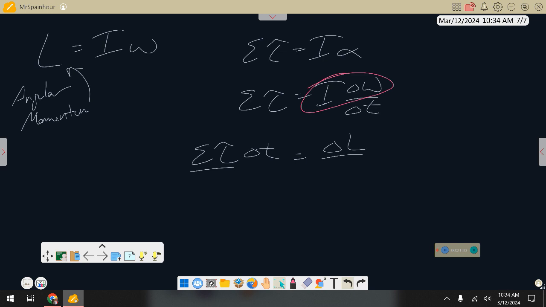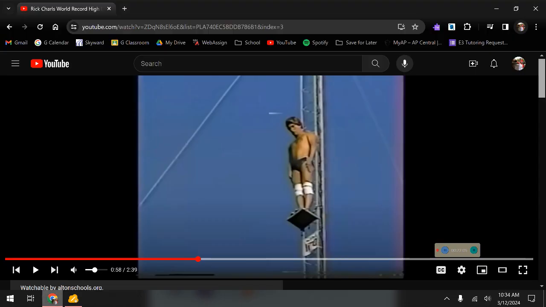The more he rotates, because he didn't have any, he wasn't rotating at the beginning. All right, here he is at the very beginning, so you can see it again.